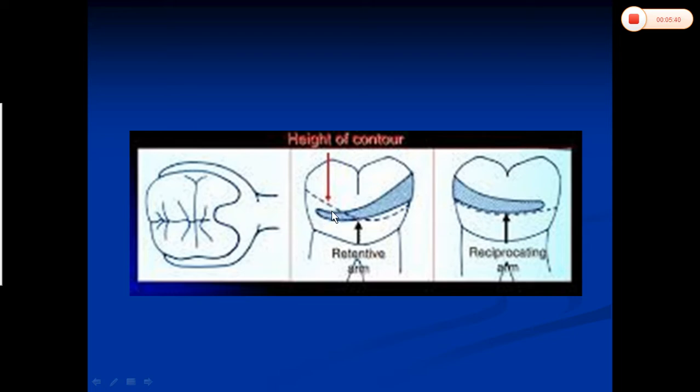It should curve upward, not downward. This is very, very important. It should lie in the mesial line angle or distal line angle of the buccal surface. Never terminate your retentive arm tip in the middle of the buccal surface or the middle of the lingual surface.